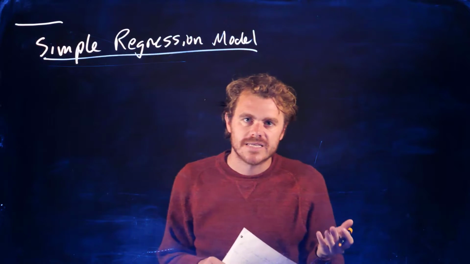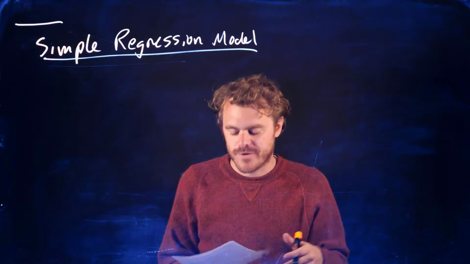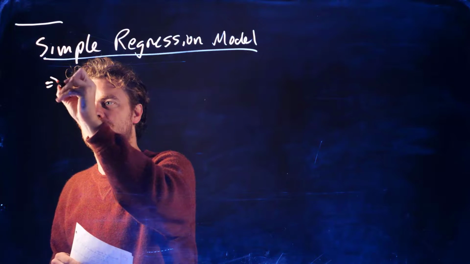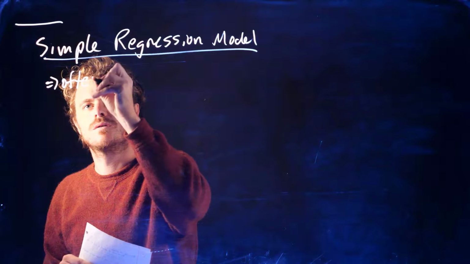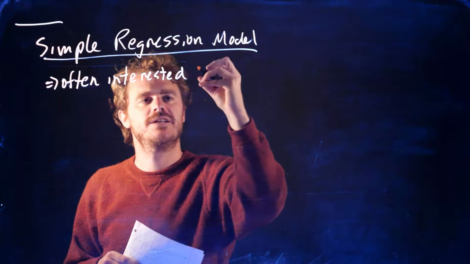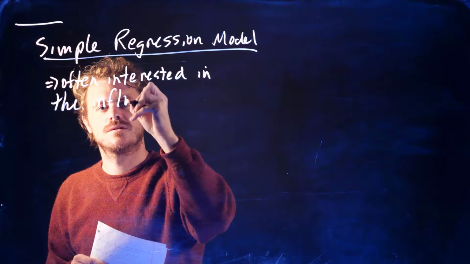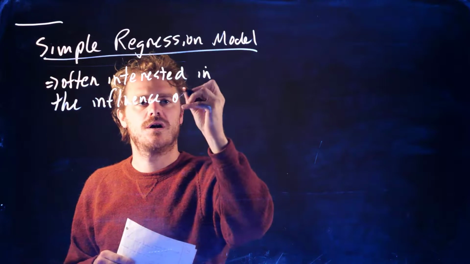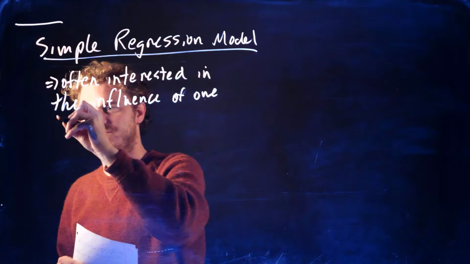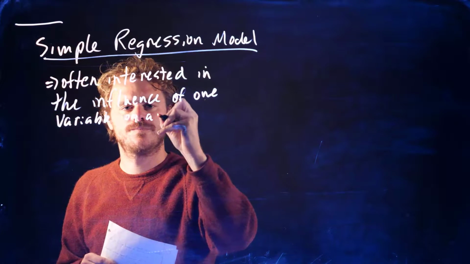As we discussed before, a lot of times in economics, we're interested in the effect of one variable on another. Often interested in the influence of one variable on another.